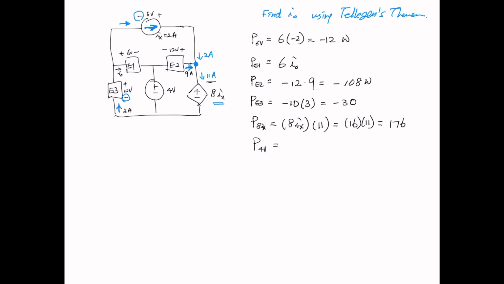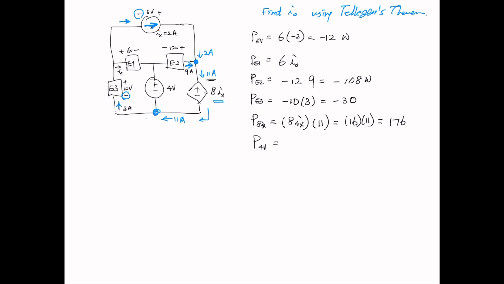We have 11 amps right here, going around and getting into this node, and then 3 amps leaving. Therefore, we should have 8 amps going upward. Therefore, negative 4 times 8, which is negative 32.